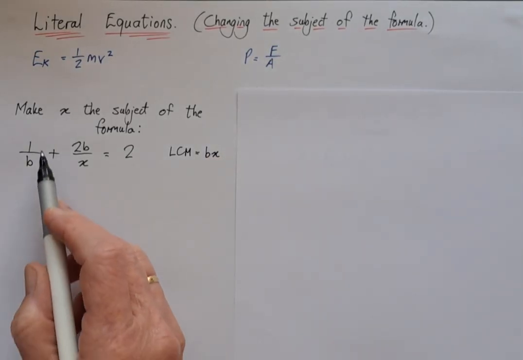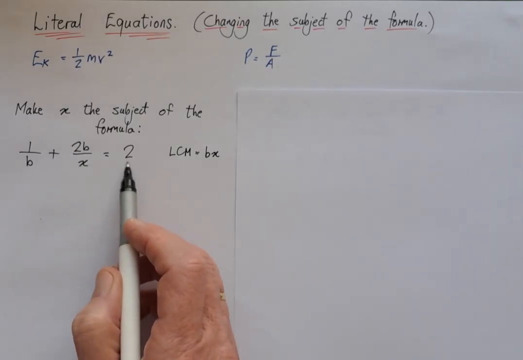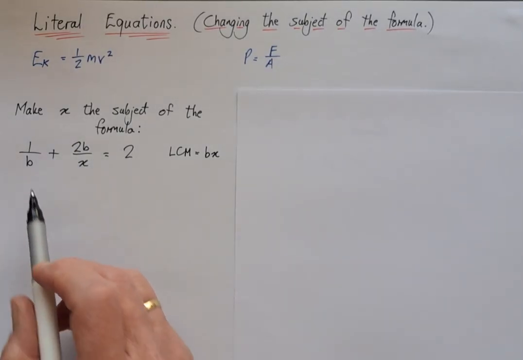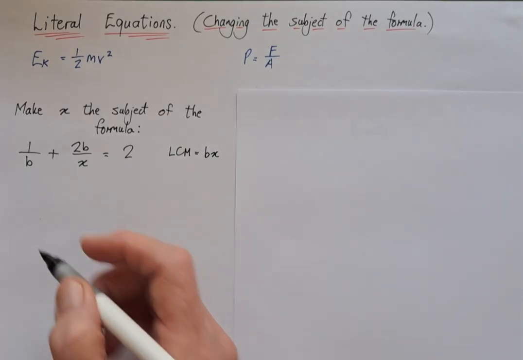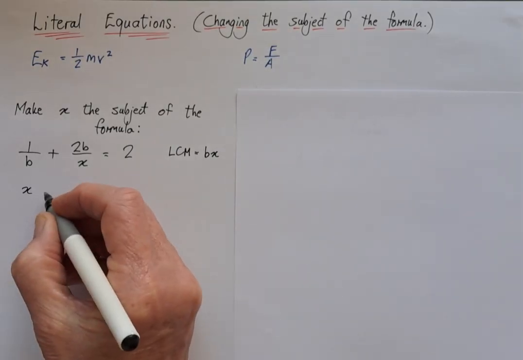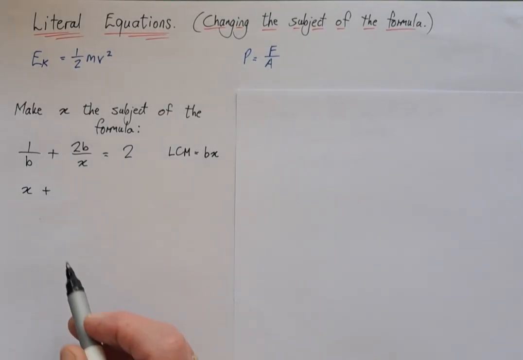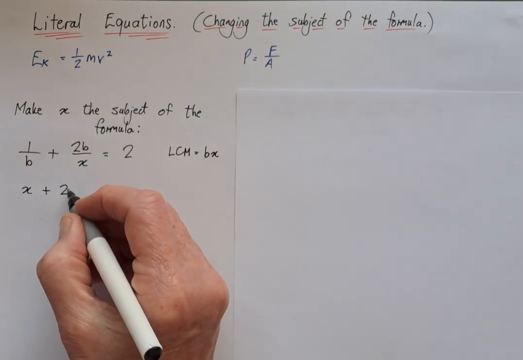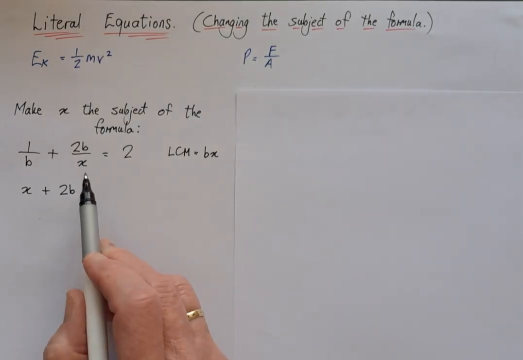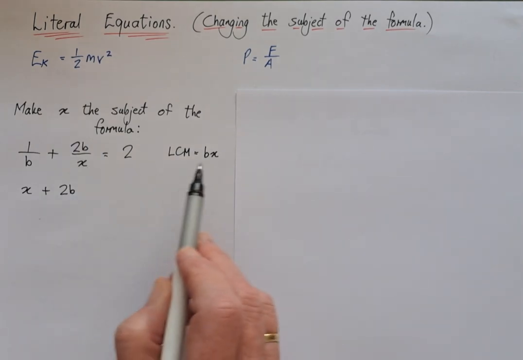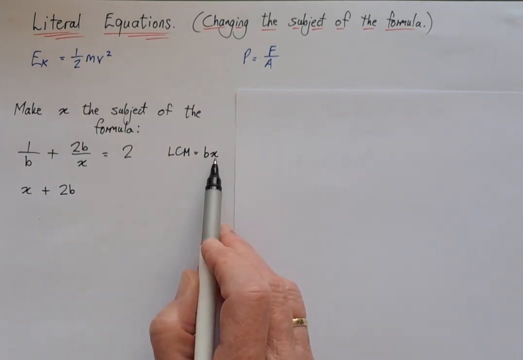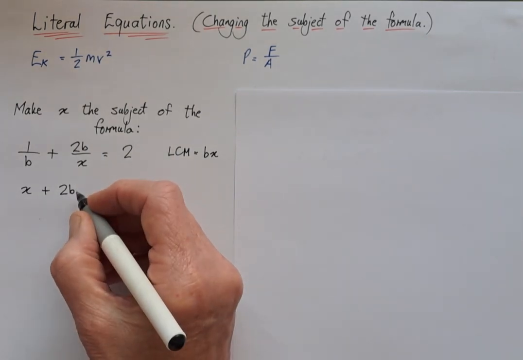So I'm going to multiply every one of the three terms by my LCD. When I multiply this term by bx, the b's are going to cancel and I'm going to be left with x. I already have a 2b here, and when I multiply this by the LCD, the x's are going to cancel and I'm going to be left with a b.